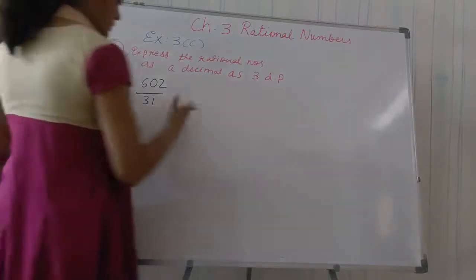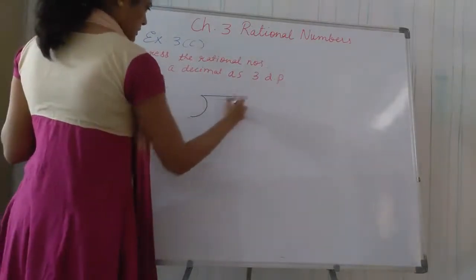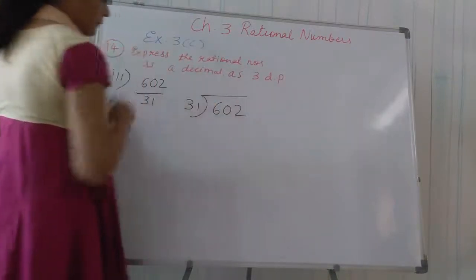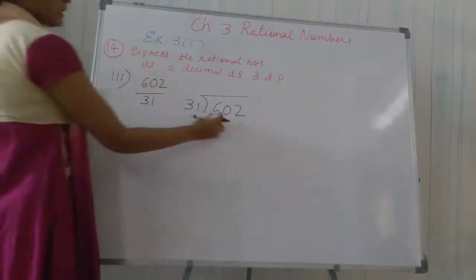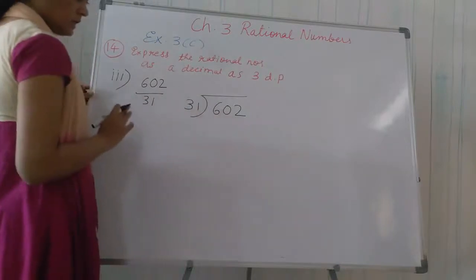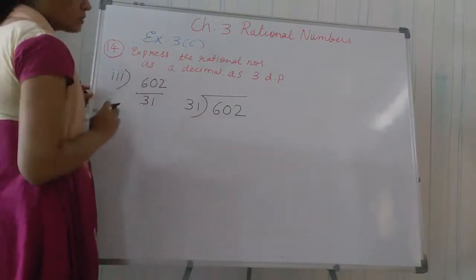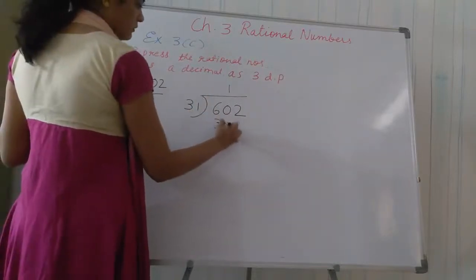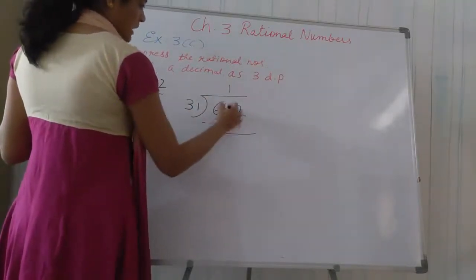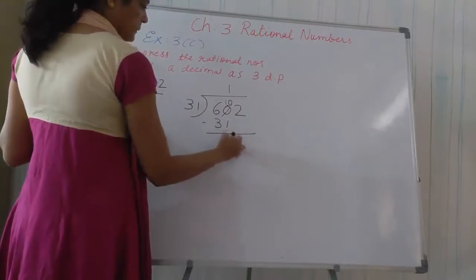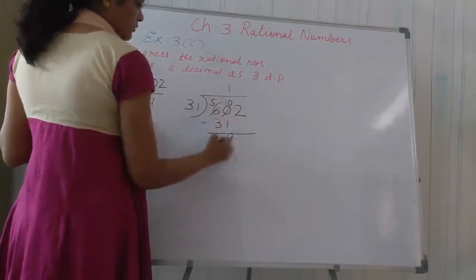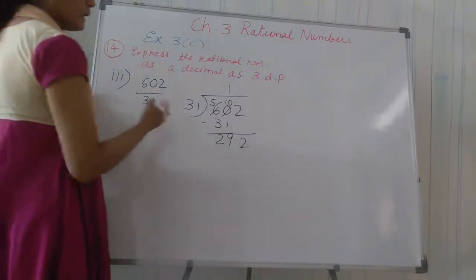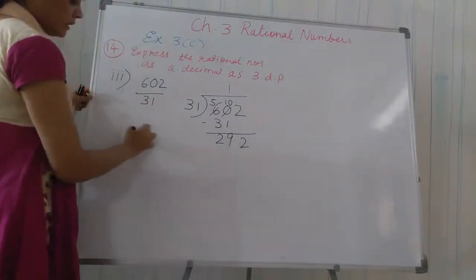So here first of all, 602 divided by 31. You see, first we take 2 digits 60, and 31 twos are 62. So I take 31 ones are, so that 10 minus 1 is 9 and here 5 minus 3 is 2, 292. Then again you can take 31's table.